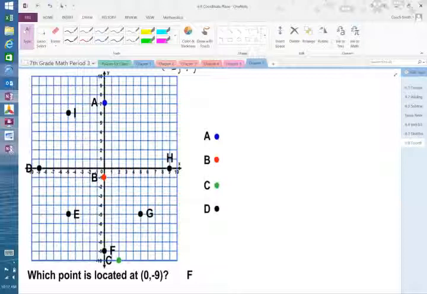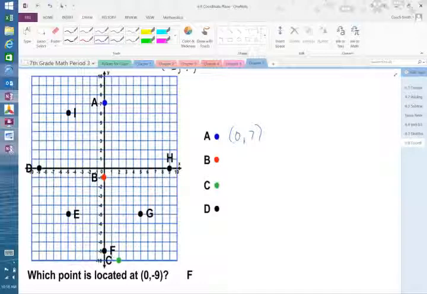All right. What is the ordered pair for point A? Drew? 0, 7. That is correct. So 0, 7 is the ordered pair, or the coordinates for point A. What is its location?